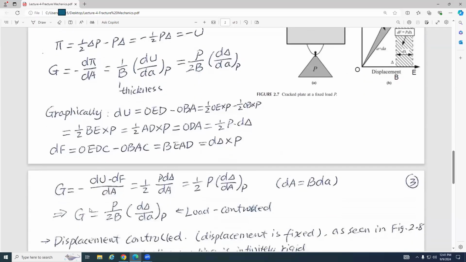You can look at G. G equals dU minus dF, dU minus dF over dA. Just plug in graphically and you will have the same equation as this one. So this P means load control.